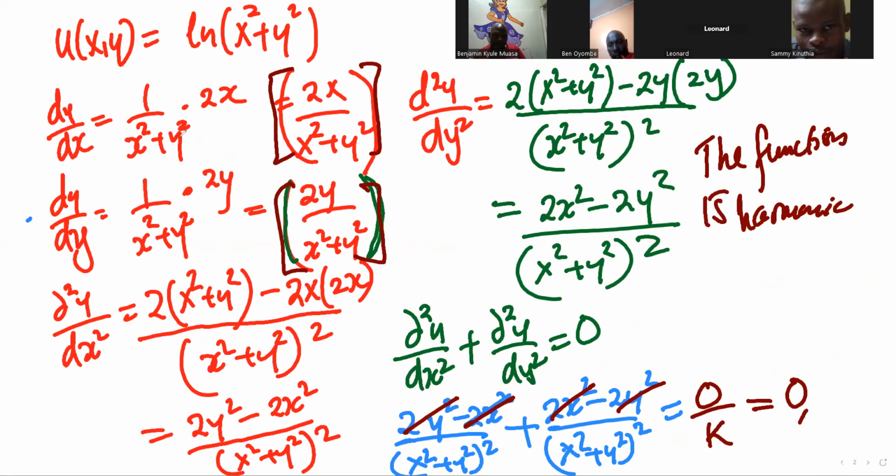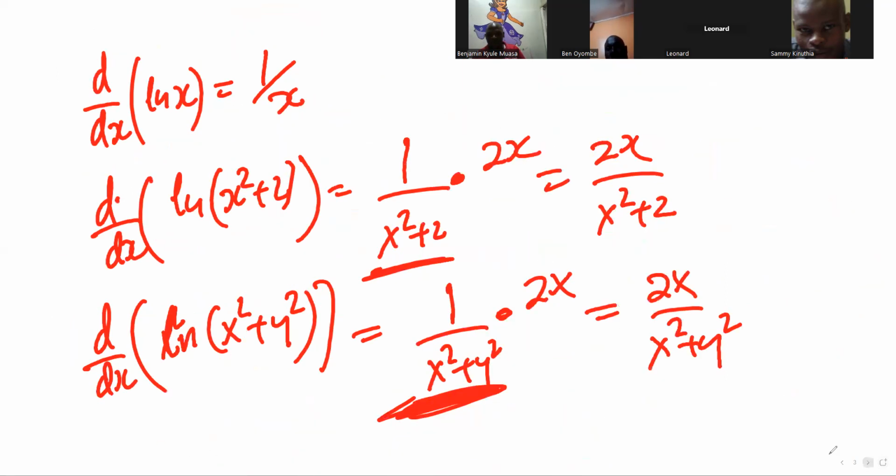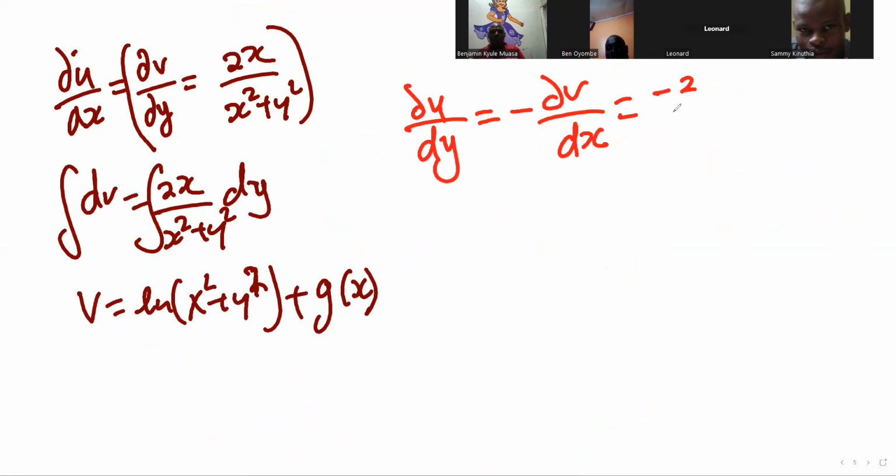This was this one here, minus 2y. Okay, that one there. Okay, it was positive. So it equals 2y over, it was positive actually, 2y, then you have x squared plus y squared.